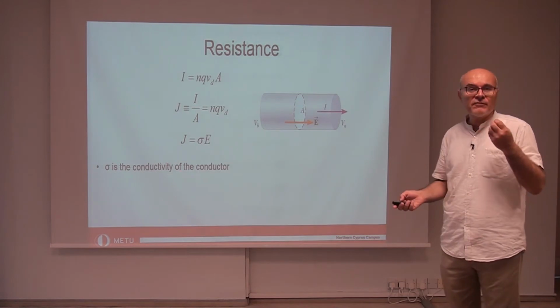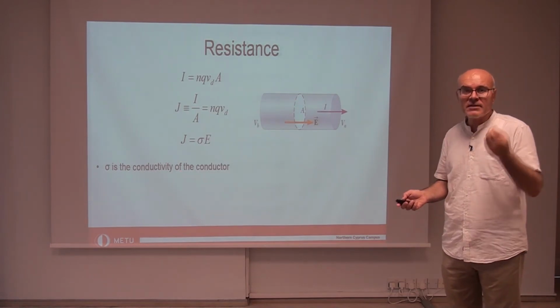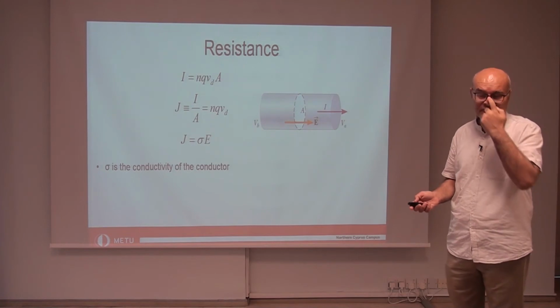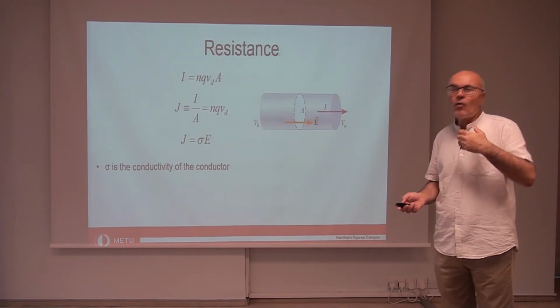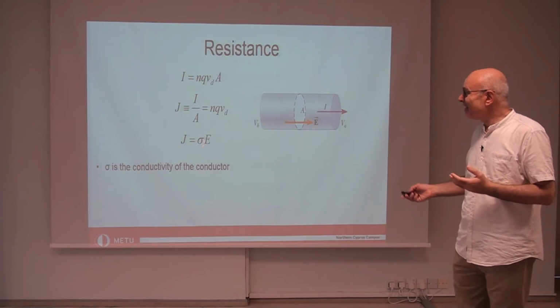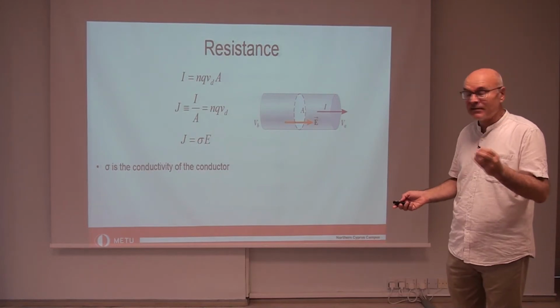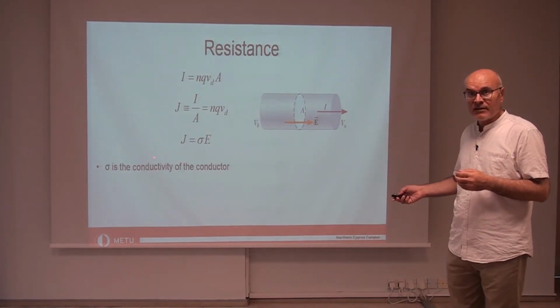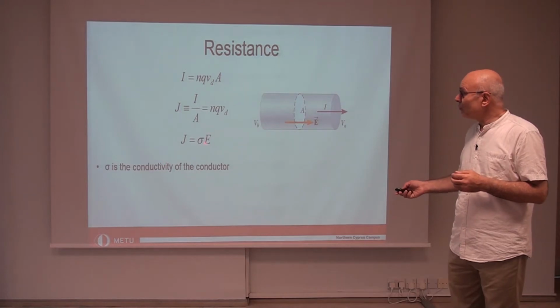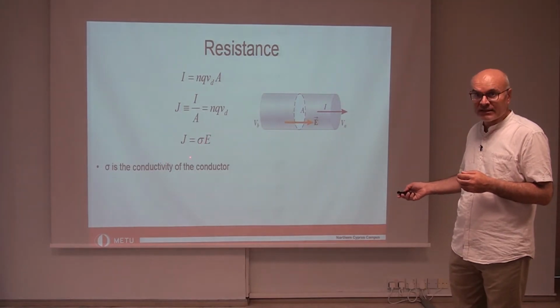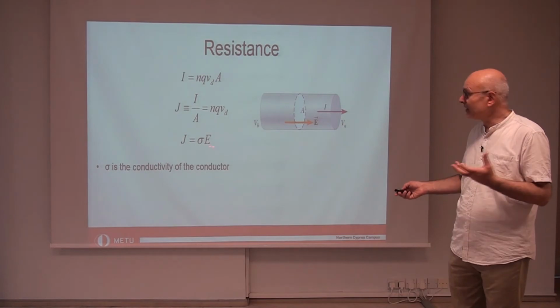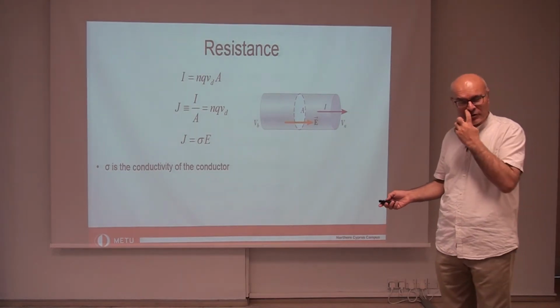Now, if you are talking about a conductor, then for almost all conductors this sigma is constant for any electric field. In other words, it doesn't change by changing your electric field. So it's just a constant, independent of the electric field. It can depend on temperature only.